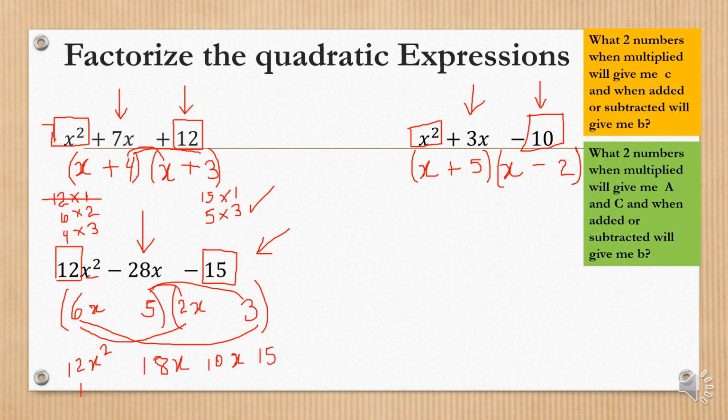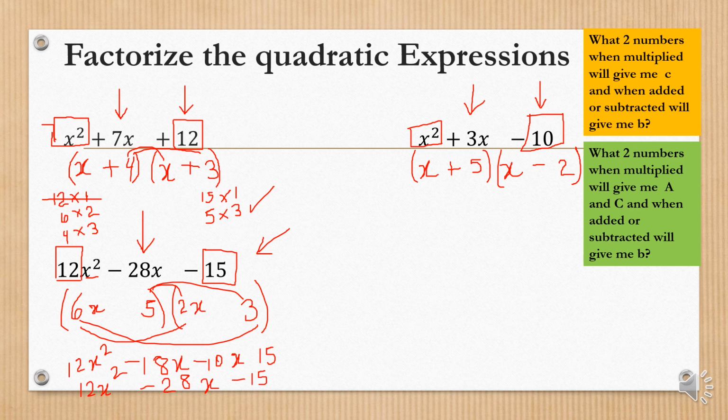Let's group 12x squared. Let's calculate our x's. Could I do anything with 18 and 10 to give me minus 28? Yes, I can. Minus 18 minus 10 will give me a total of minus 28x minus 15.